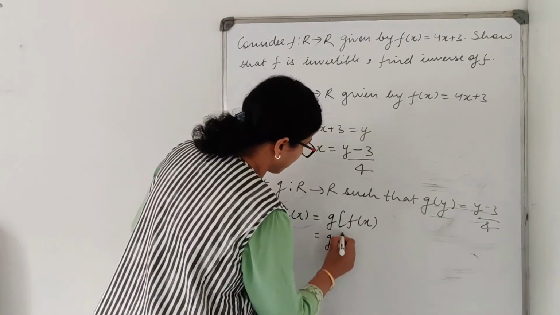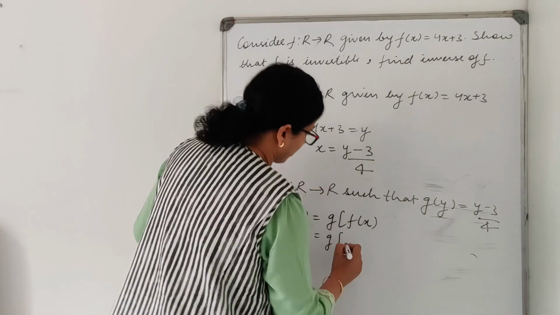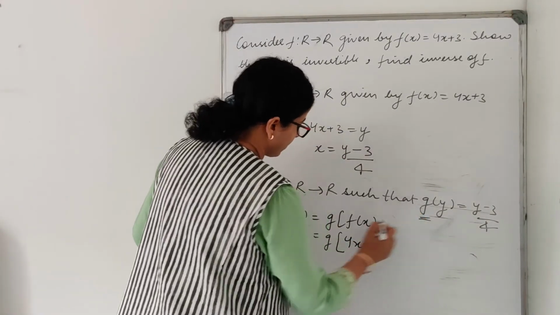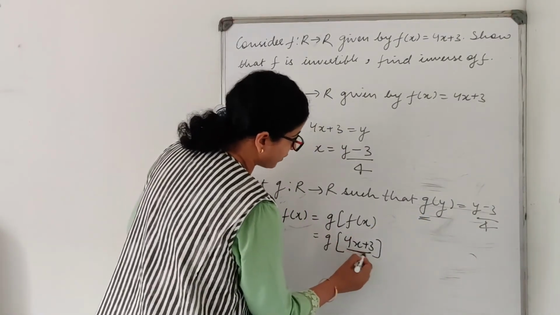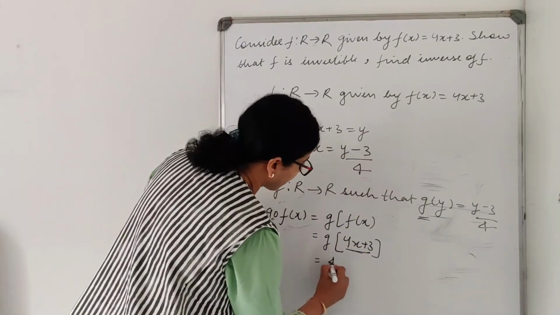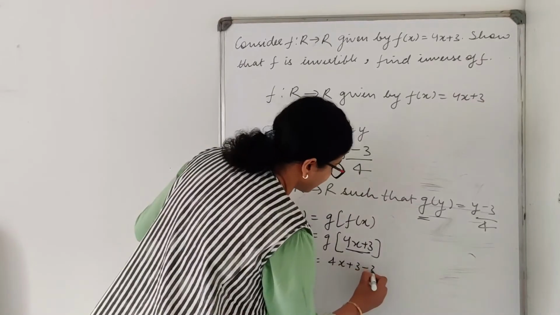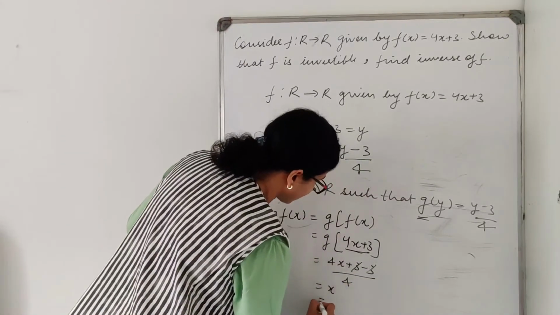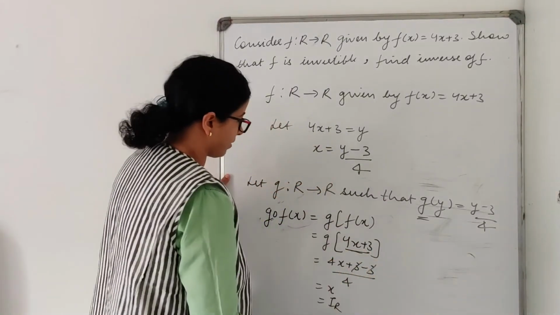So what is my f(x)? My f(x) is 4x + 3, right? What is my g(y)? This value will be substituted in place of y in this function. So (4x + 3 − 3)/4. So I am getting x, which is nothing but identity of R, right?